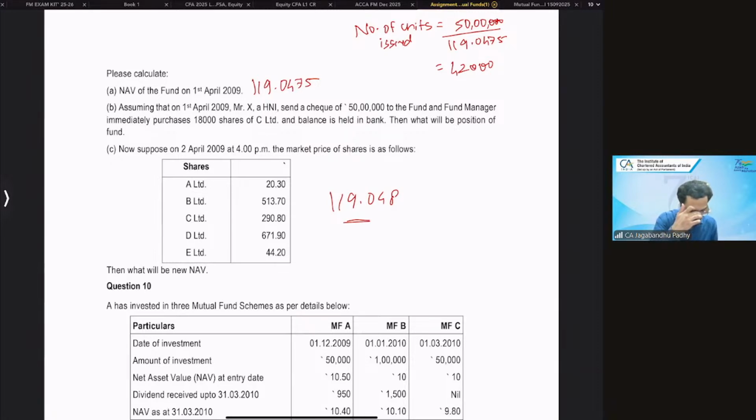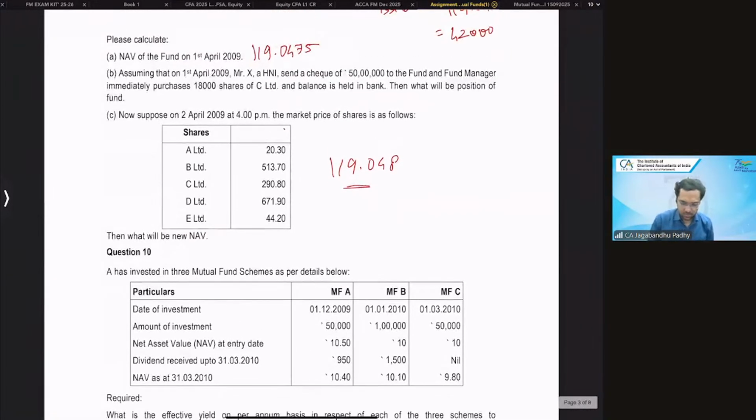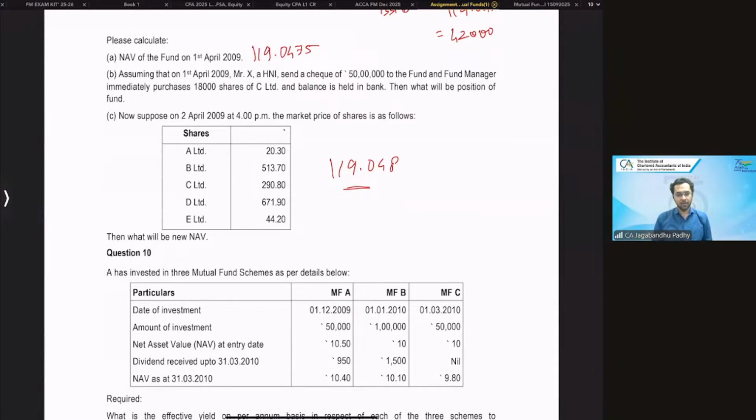Right? Are we getting this number? Yes, sir. So it is similar to the previous question that we had, which is 119.048.